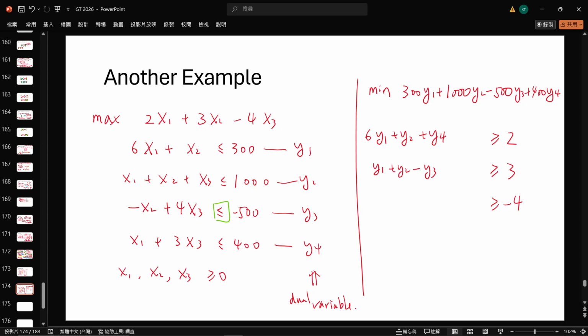So multiply by y2, you get y2 here, plus 4 y3, and plus 3 y4.